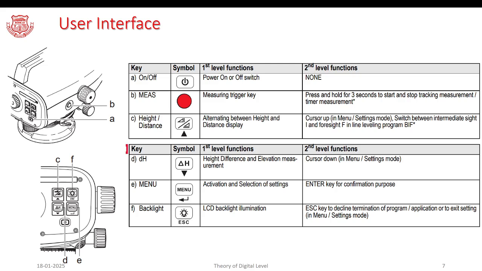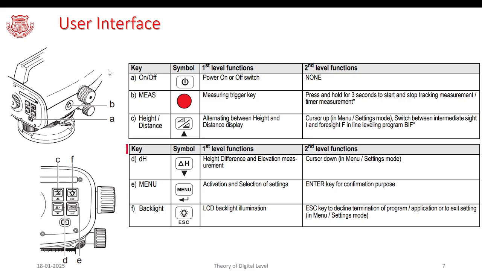If we measure for some period of 1 to 3 seconds or so, it will be able to track continuously, and it will be giving us the data in the form of reduced level as well as distance measurement continuously. In this mode, we cannot go for saving the data, but we'll be able to get the continuous measurement as such.